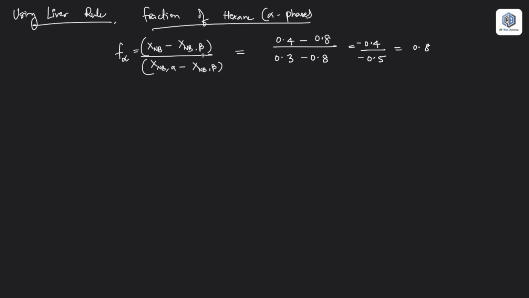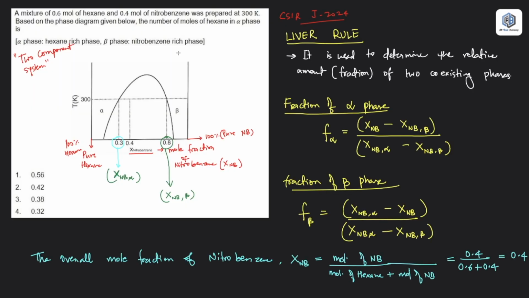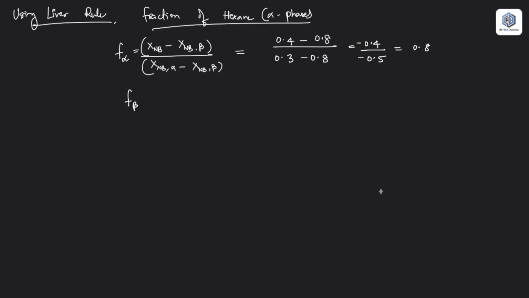So the fraction of alpha is 0.8, and for the fraction of beta you do not have to put everything, or you can put it, but there is another formula. If you know the fraction of one, you can calculate the fraction of the other just by this formula: 1 minus fraction of the other. So this is 1 minus 0.8, which is 0.2. So what we can say from here is that there is 0.8 fraction of alpha, or you can say 80%, right? 0.8 means 80%.